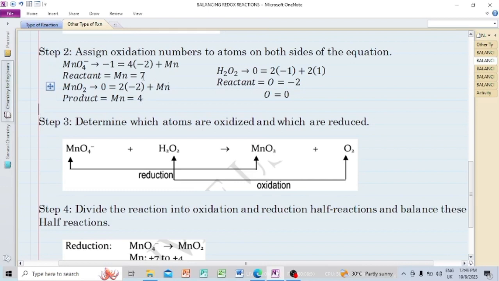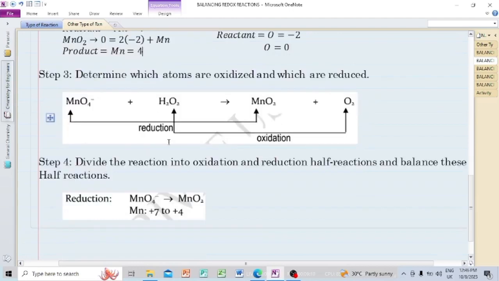So this is reduction, since the oxidation state decreased from 7 to 4. So our MnO4 is the reduction. For hydrogen peroxide and oxygen, it goes from negative 1 to 0, so the oxidation number increased, so this is oxidation.